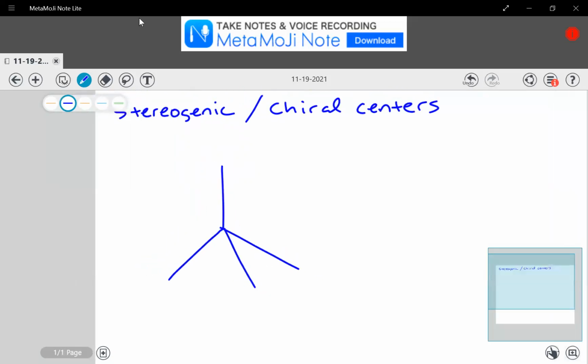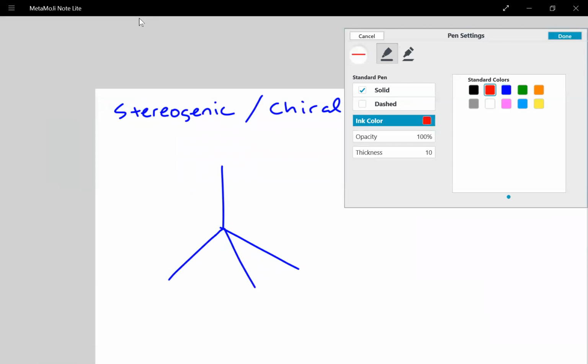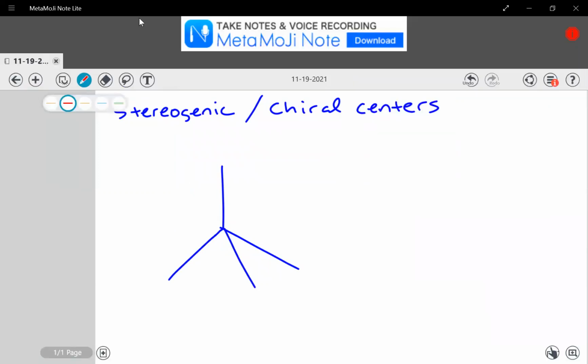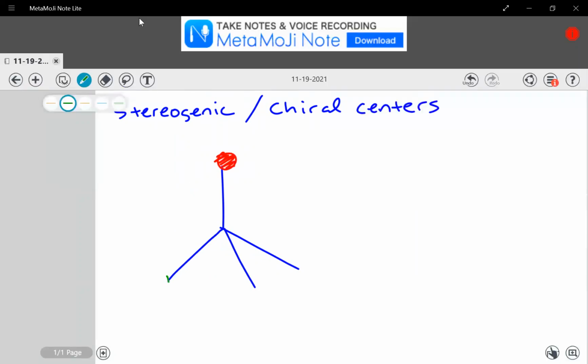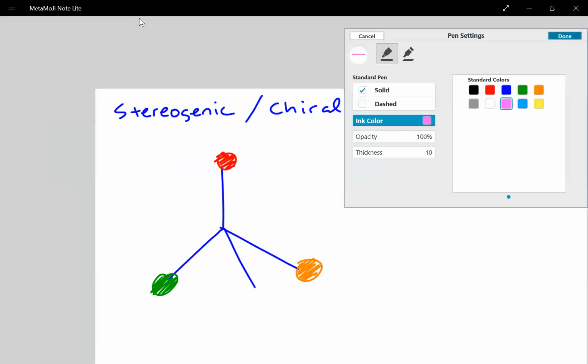Now I've got 4 different substituents attached to it, or the way I want to see it, 4 different colors, because that's easier. I think that's easier for everyone than saying 4 different chemical whatevers. All right, 4 different colors.